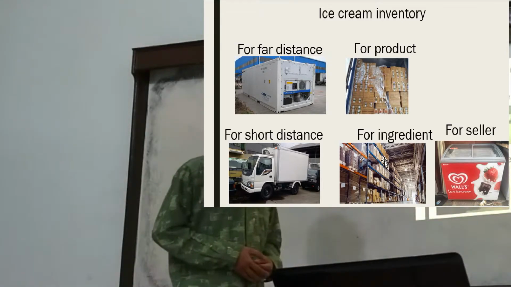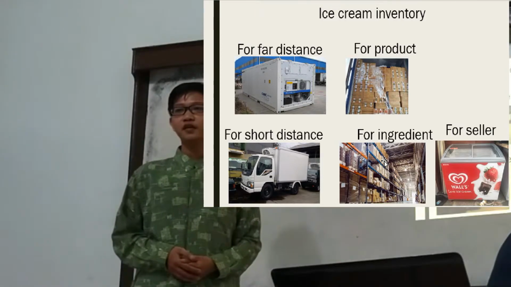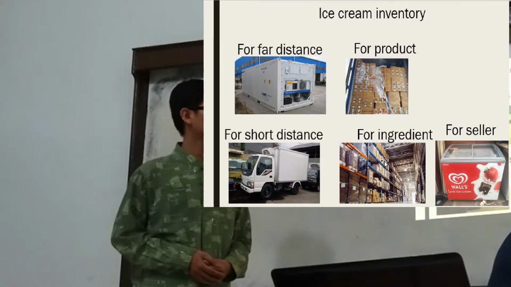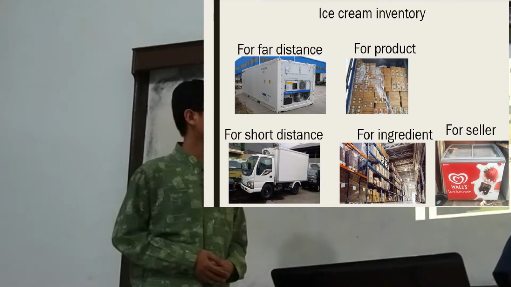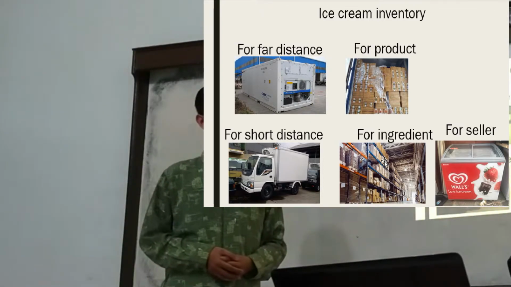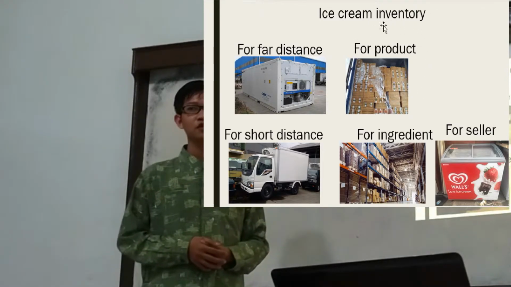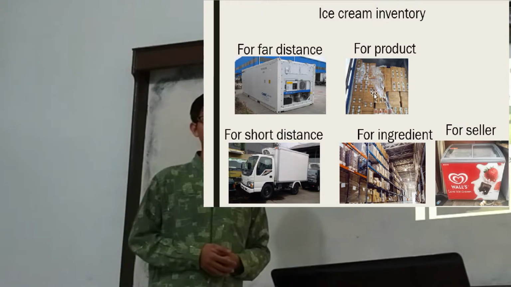We choose the inventory for ingredients. After that, we make the ice cream in the company and we get the finished product. And we need the inventory for the finished product, to know how much finished product we produce from time to time.